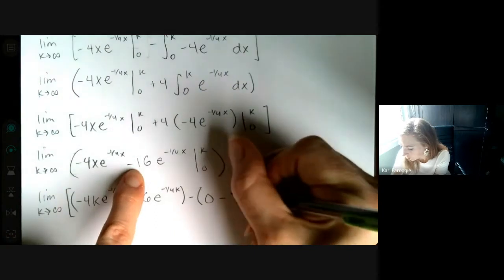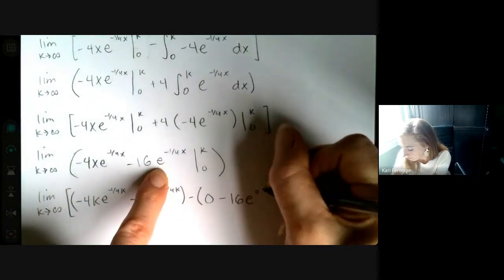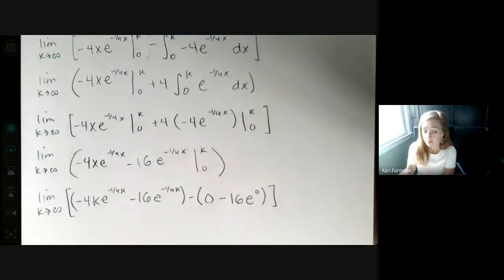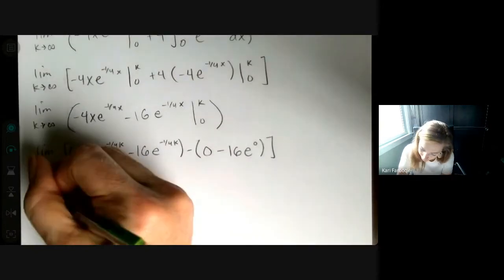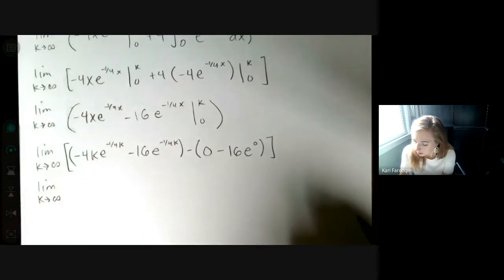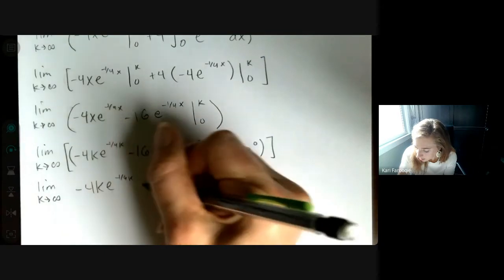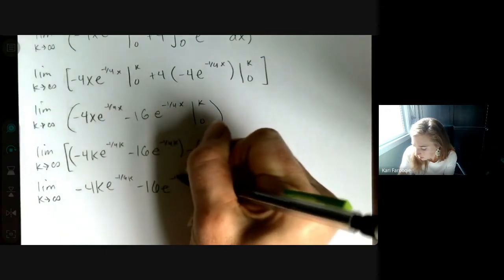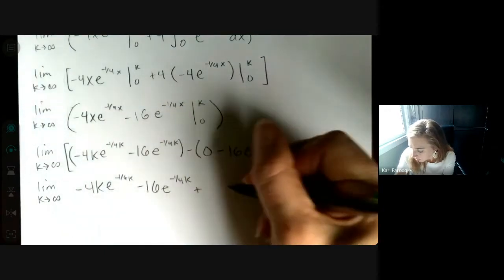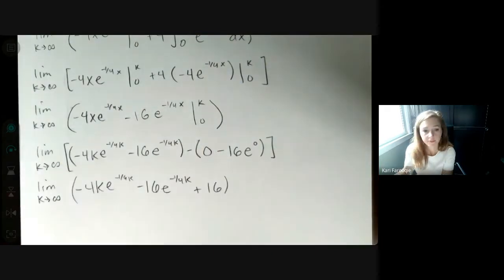For the next term, e to the 0 power is 1. If you want to write it as 1 now, that's fine. I'm going to keep mine like this for right now. Okay, so we have negative 4k e to the negative 1/4 k minus 16e to the negative 1/4 k plus, and then if e to the 0 is 1, I'm just adding in 16.